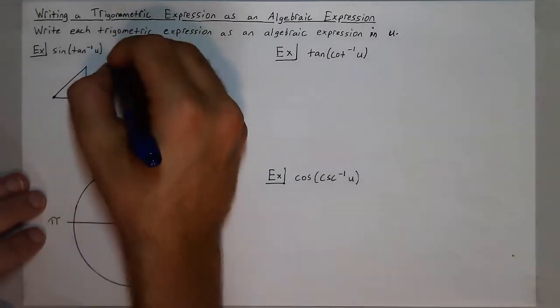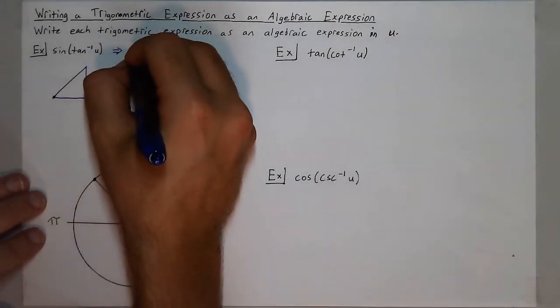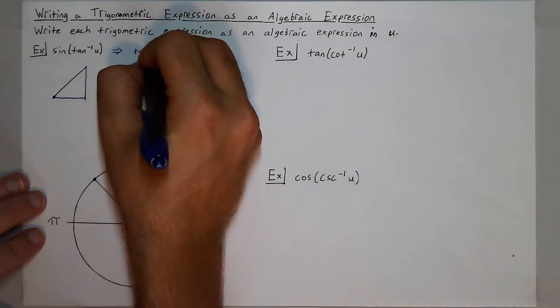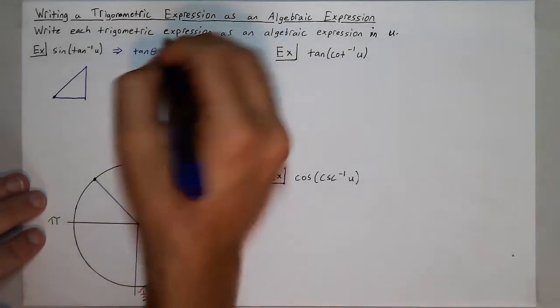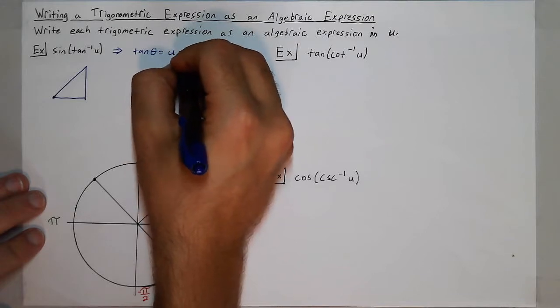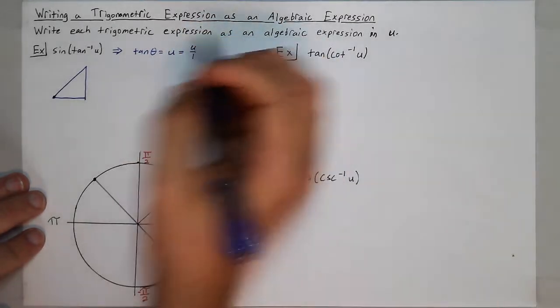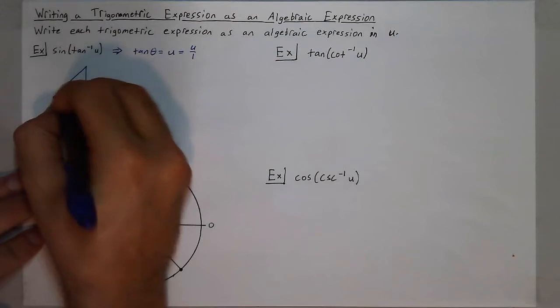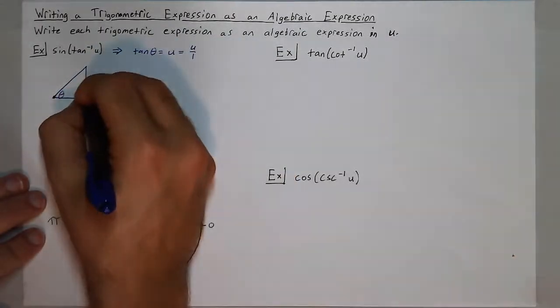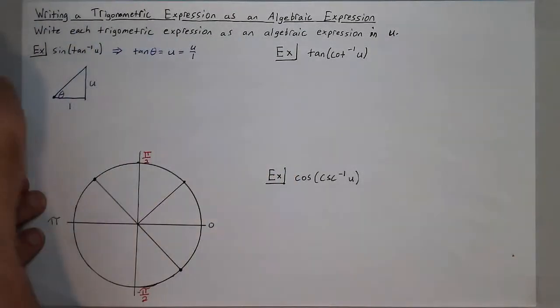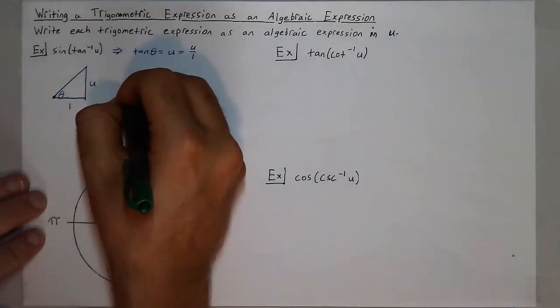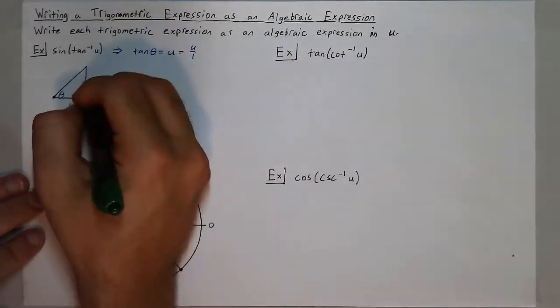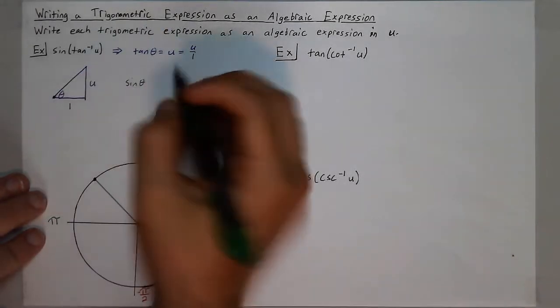So tangent inverse of u can be rewritten as tangent of theta is equal to u, which could also be thought of as u over 1. So tangent of theta will be opposite over adjacent, so u over 1. In our problem, we're looking for the value of sine of theta, which would be opposite over hypotenuse.